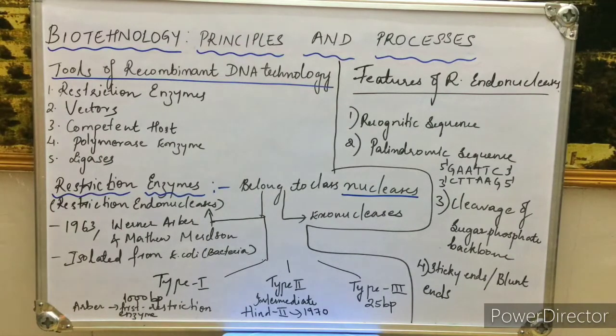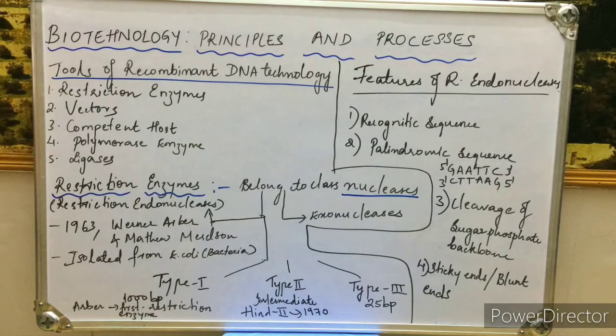So, in general, nucleases are those enzymes which are going to cause the cleavage of the DNA, or the cleavage of the polynucleotide chain. The polynucleotides we have are of two types, DNA and RNA, right?